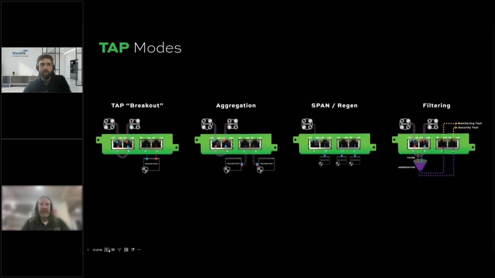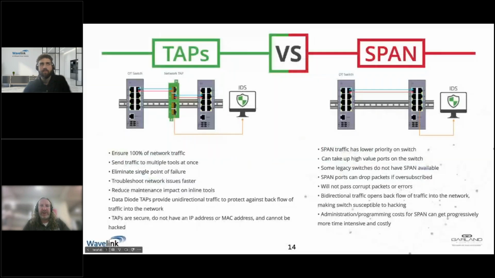And the reality is it generally becomes a combination, but there can be some challenges with spanning. And here we're talking about, you can have dropped packets. You can misconfigure your switches. You can also have bidirectional, so it could be an access point.